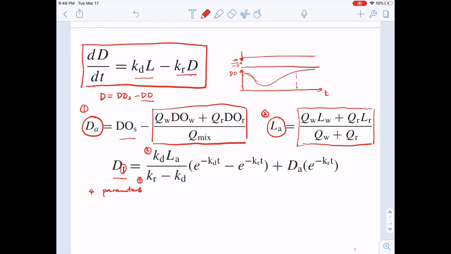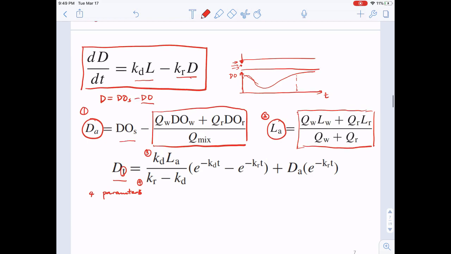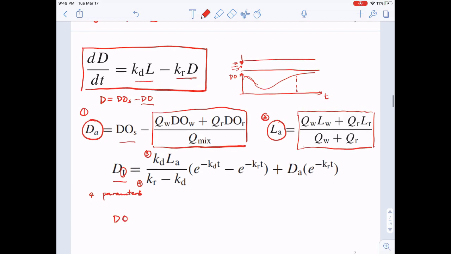It doesn't matter if it's 1 day, 2 days, or 1 year away from the mixing point. As long as we know these 4 parameters, we can calculate the oxygen deficit. And as I mentioned, once we know the oxygen deficit, we can calculate the dissolved oxygen concentration, which is basically the reverse of this equation, right?